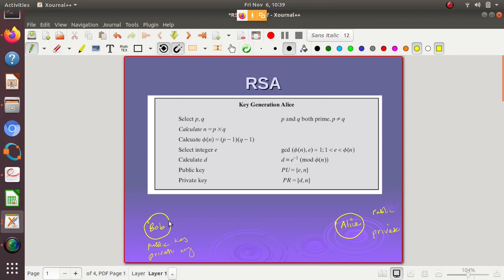For example, if Bob wants to encrypt a message and send it to Alice, then that message will be encrypted with the public key of Alice, and that will be transmitted. This will be the cipher text.